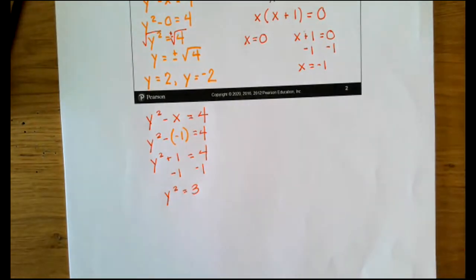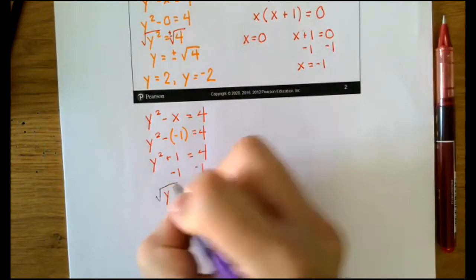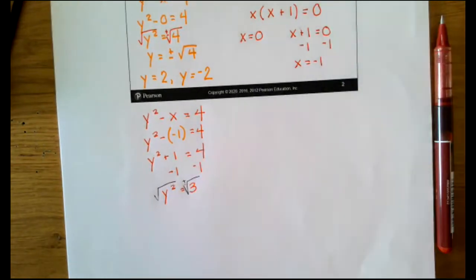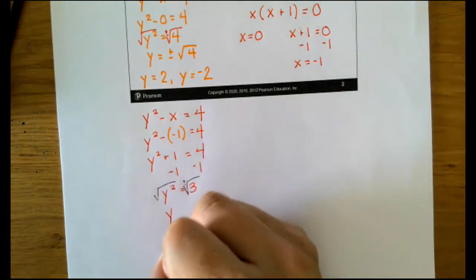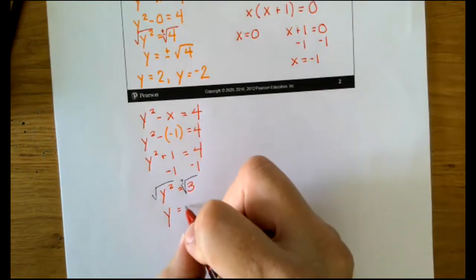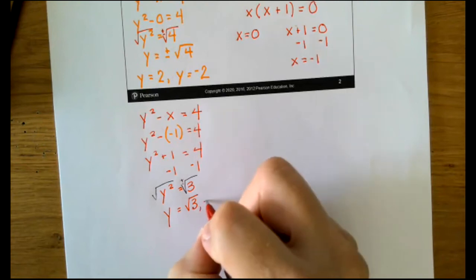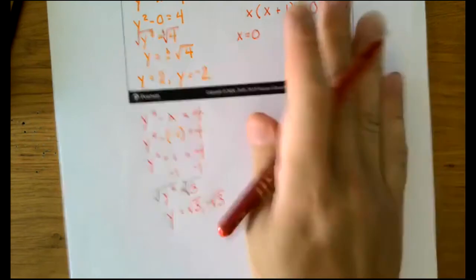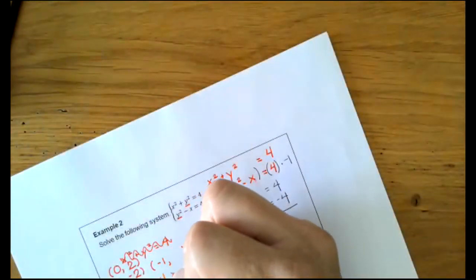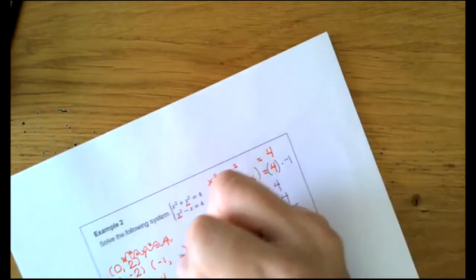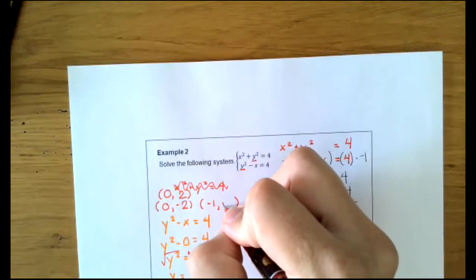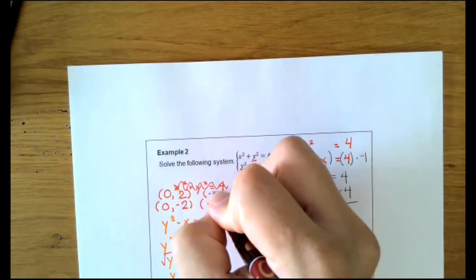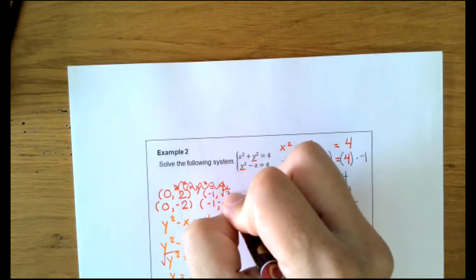Same thing, we take the square root to get rid of the square, with a positive or a negative. So y is positive square root of 3 and negative square root of 3. When x is -1, y is negative square root of 3 and square root of 3.